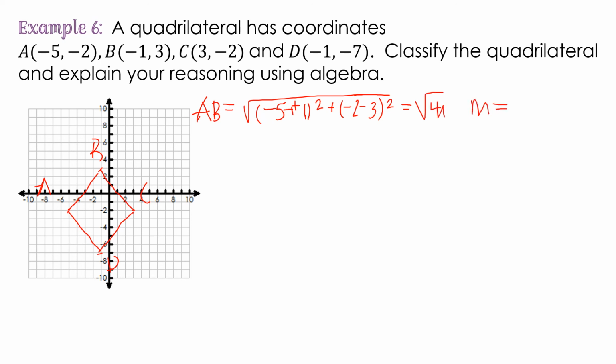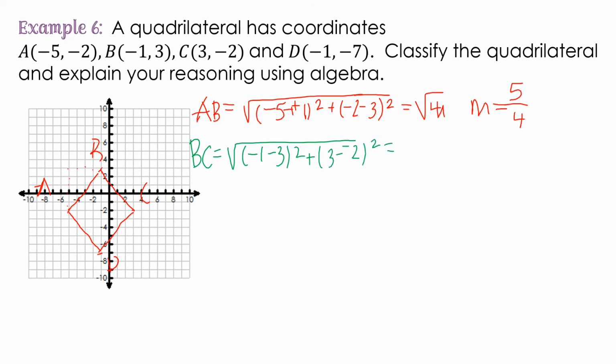Now let's find the slope. So up 1, 2, 3, 4, 5. Rise 5 and run 1, 2, 3, 4. So our slope is 5 over 4. All right, let's go to BC. -1 minus 3 squared plus 3 minus -2 squared.